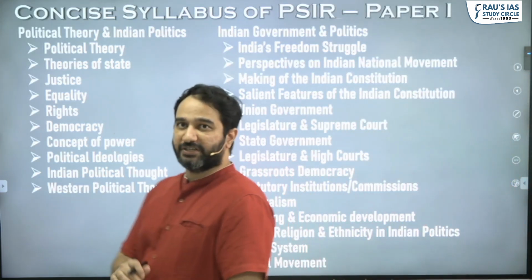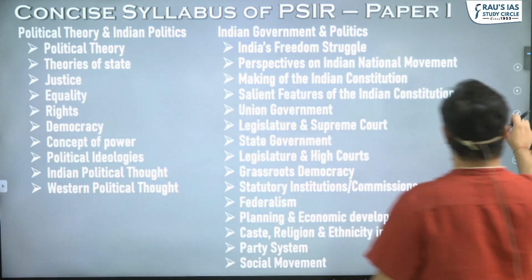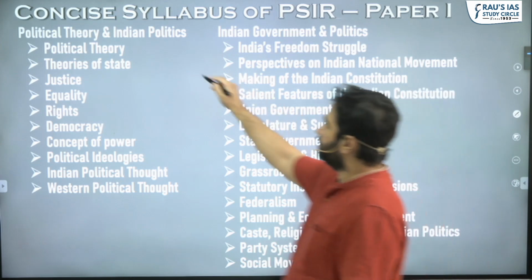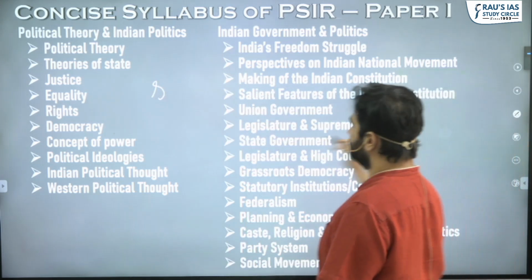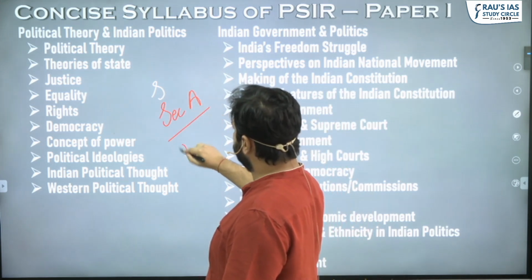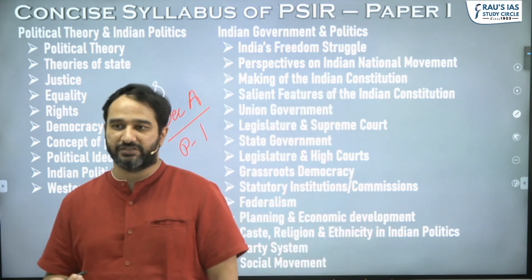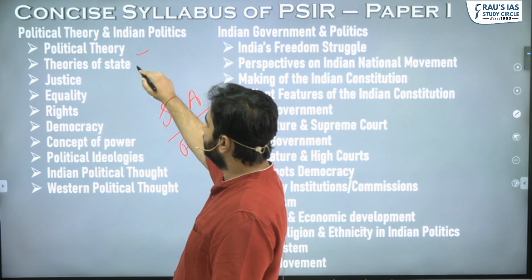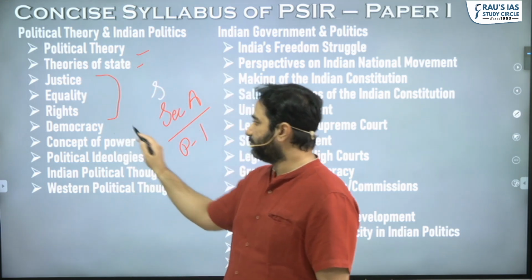As far as the PSIR syllabus is concerned, you have what is known as Section A of Paper 1. This basically consists of political theory itself. So you would have political theory, theories of states, ideas of justice, equality and rights, democracy, power.